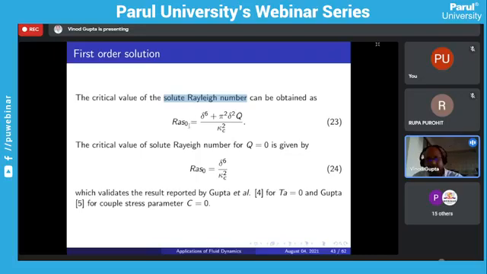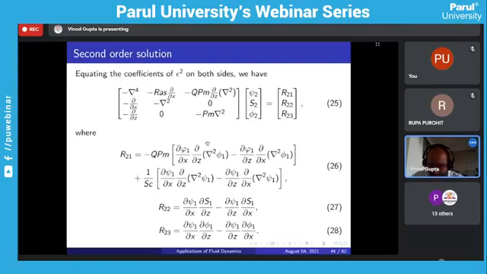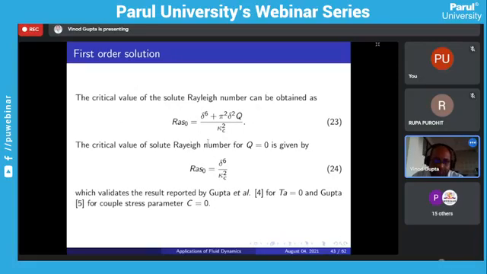The rule is the same. So this is the critical value. Beyond this value, convection will start. Right, so R_S critical means we are in the equilibrium position if it is equal to this. Beyond this value, convection will start, and the process of mass transfer will take place.